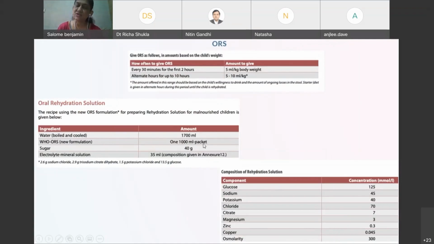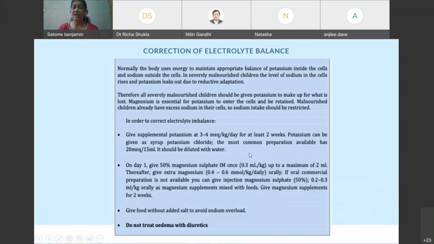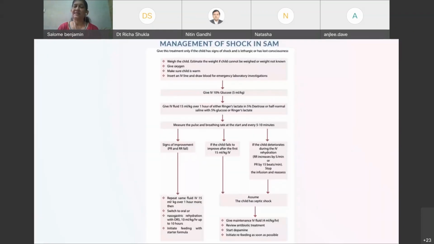You can also dilute to 1700 ml or 1500 ml the packet which is meant to be diluted in 1000 ml for these children. So the correction of electrolyte balance, as we saw in the phases, is throughout, right from day 1 to the rehab phase. So this is very, very important. Once you achieve this, then you will go over to the other management.